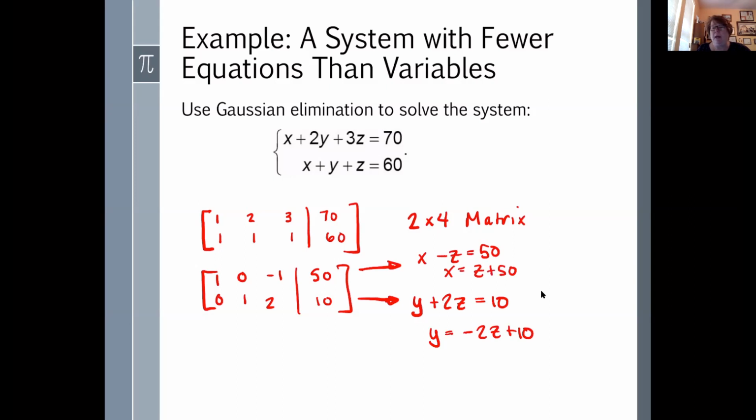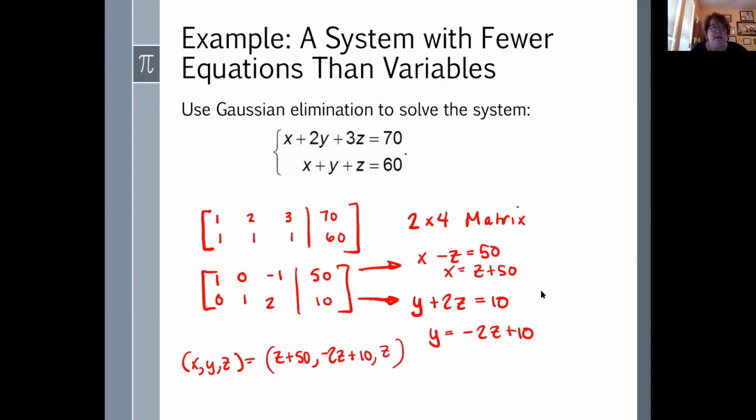So now I can write my ordered triple, x, y, z. X is z plus 50, y is negative 2z plus 10, and z is z. So that's how we write the ordered triple.